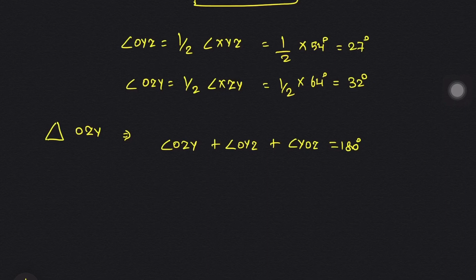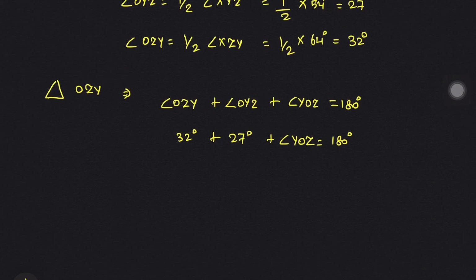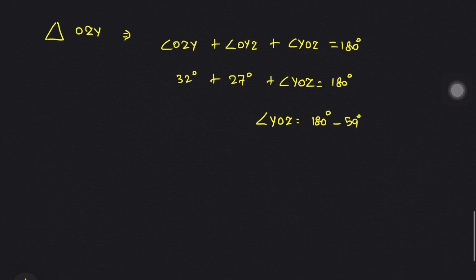Then replacing the values, OZY is equal to 32 degrees, then OYZ is equal to 27 degrees. Adding angle YOZ, then 180 degrees. The addition of those values is 59, and moving to the right side, angle YOZ is equal to 180 degrees minus 59 degrees. The final value, angle YOZ, is equal to 121 degrees.